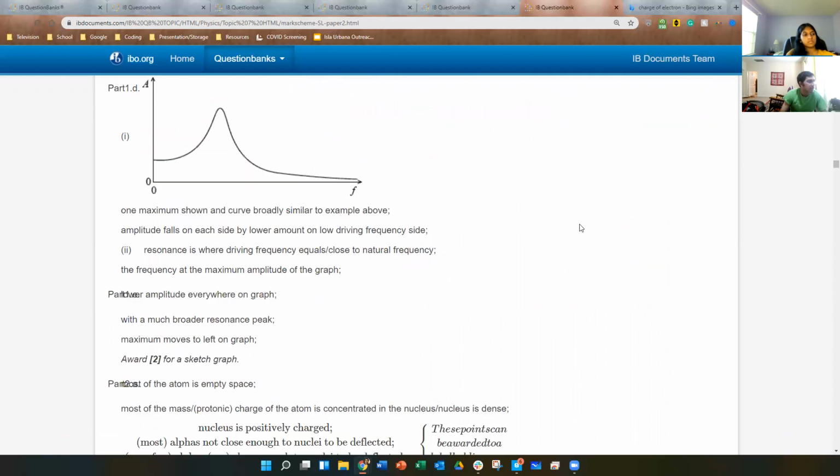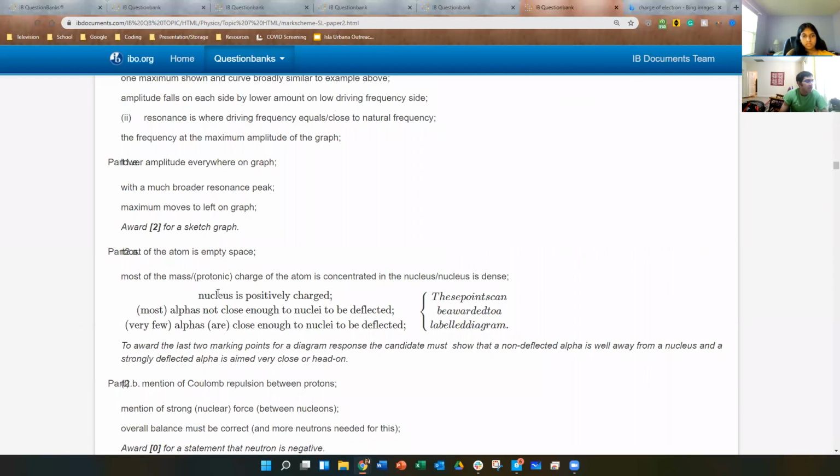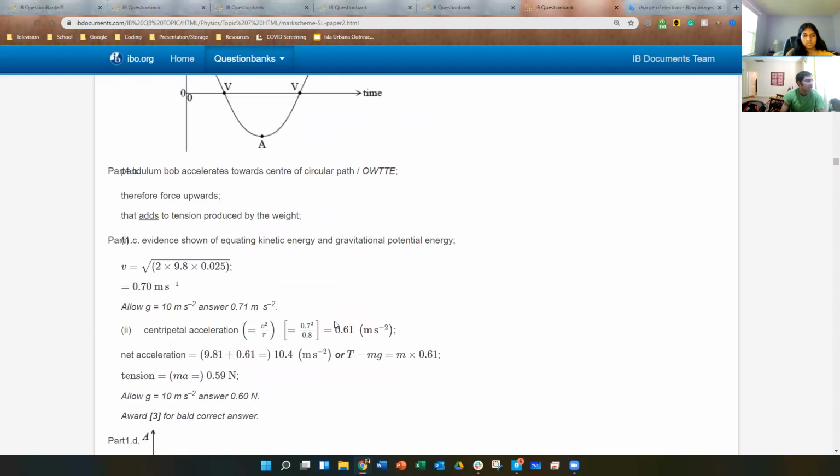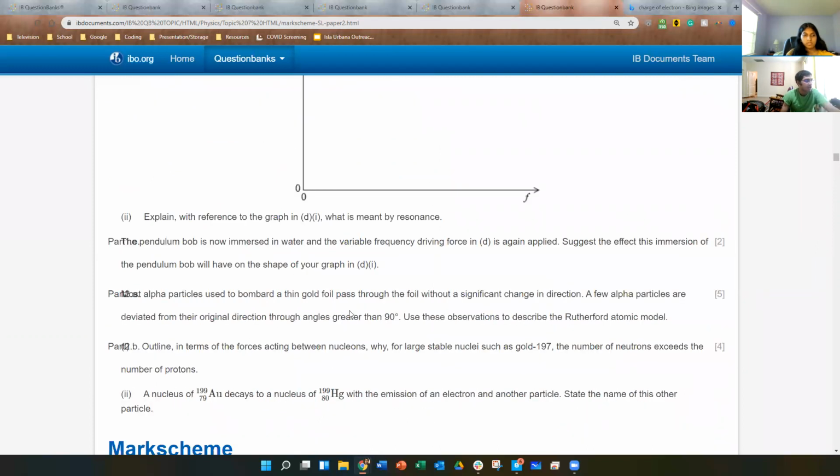What do they say here? But there's 5 marks. Why do they have 5 marks? Nucleus is positively charged. Most alpha is not close enough to be deflected. Oh, atom is empty space. Oh, I think we're not getting the whole question here. It's messed up here. Yeah, I think they want you to probably draw a model or something.